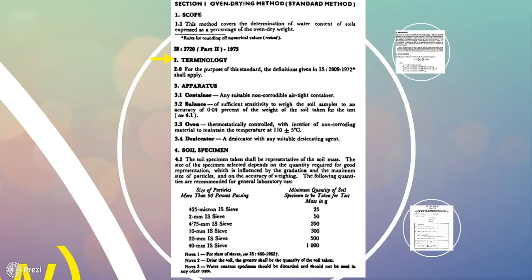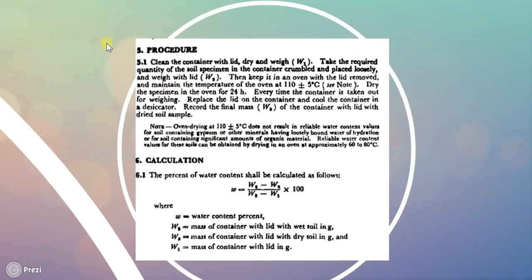Let us go further about procedure. Clean the container with lid, dry that and weigh as W1. So W1 is the container weight. Take the required quantity of soil specimen in the container, crumbled and placed loosely, and weigh with lid.